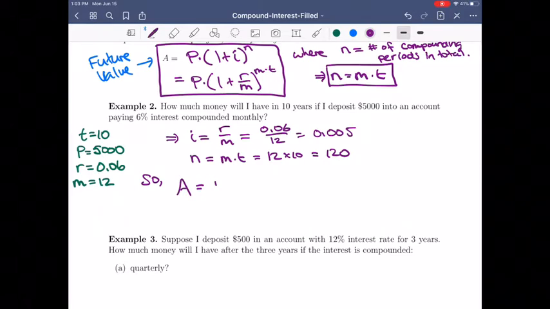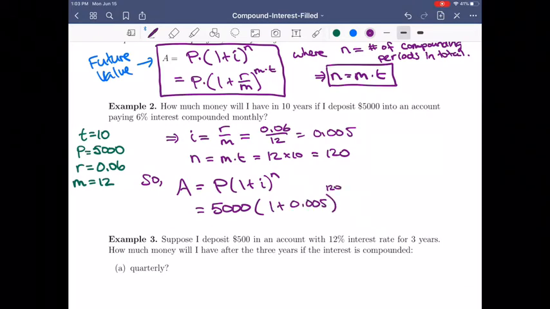A is P times 1 plus, not r, i to the power n. So that's going to be 5,000 times 1 plus 0.005 to the power 120. If you compute that, it's going to be $9,096.98. So that's how much I'm going to have after 10 years.